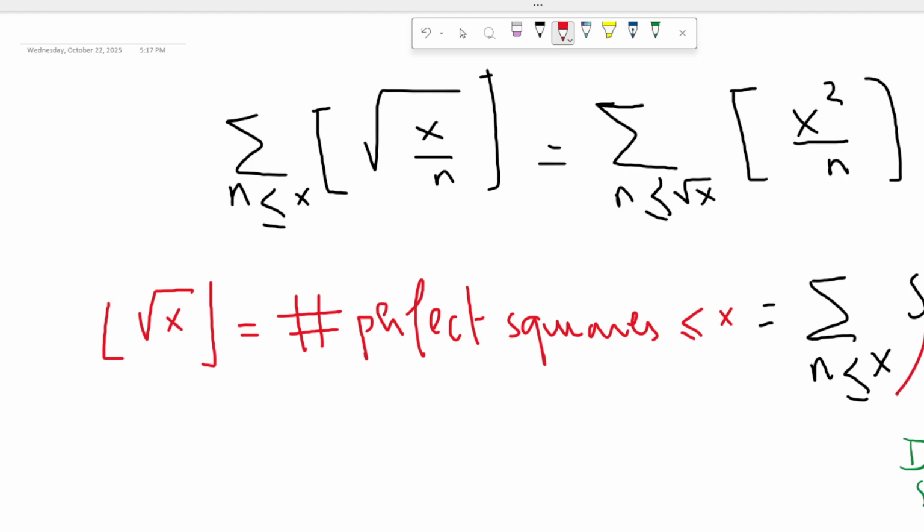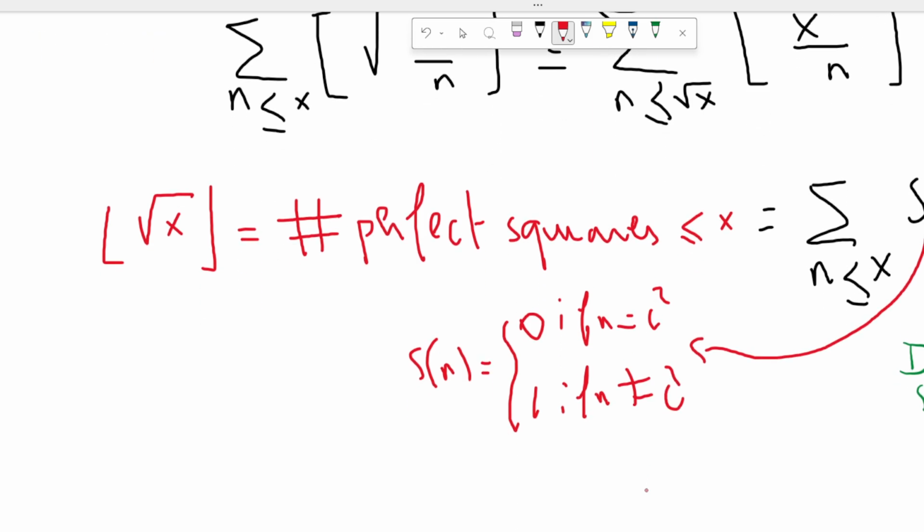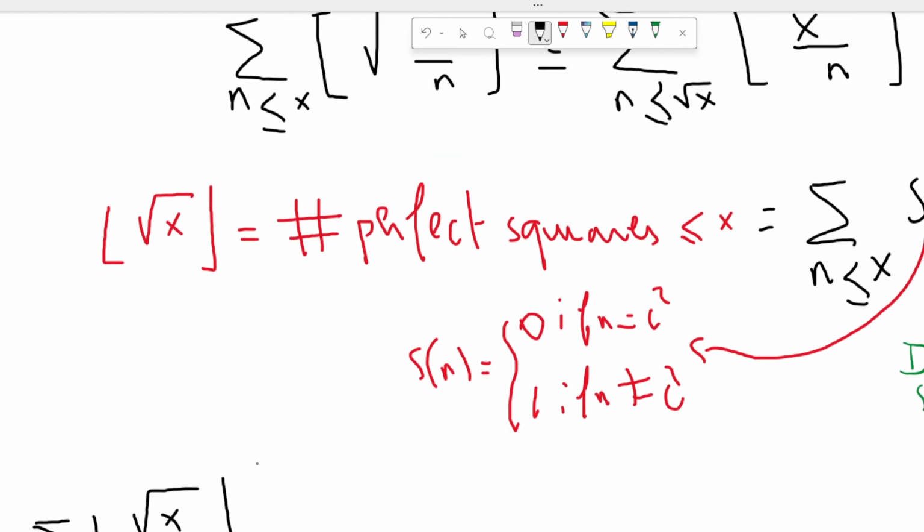So basically, this function s of n can be defined as 1 if n is some c square, and 0 if n is not a perfect square, right? So if we consider our left-hand side, which is the sum as n is less or equal than x of the floor of square root of x over n, basically, we said that the floor of square root of x is equal to the sum as n is less or equal than x of s of n.